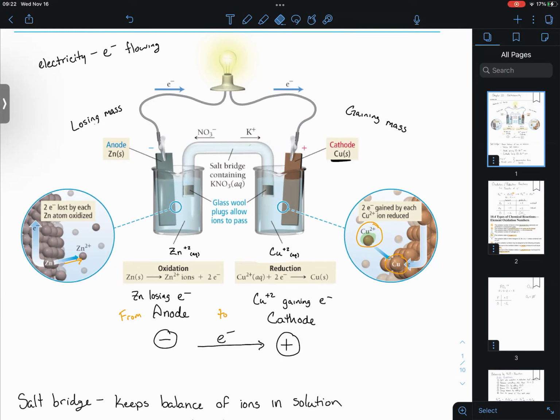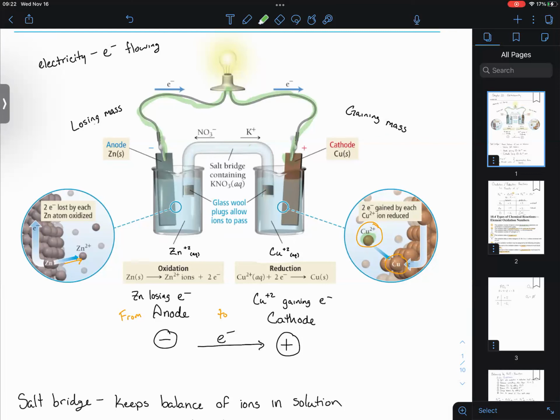All right. So kind of the magical bit here again is this pull of electrons through this wire without any sort of direct collision between them. So again, the reason why I started off this lecture by showing you that strip of zinc dipped in that solution of copper is because it kind of makes more sense that if a copper 2 ion is colliding with the zinc atom, there's going to be a transfer of electrons.